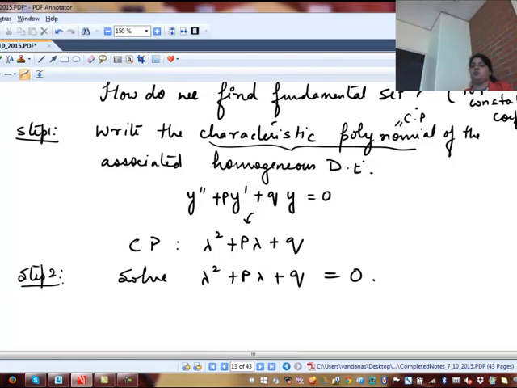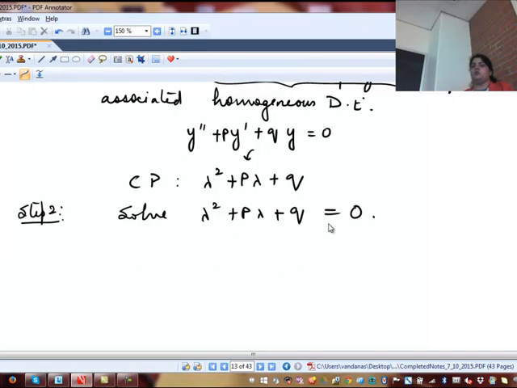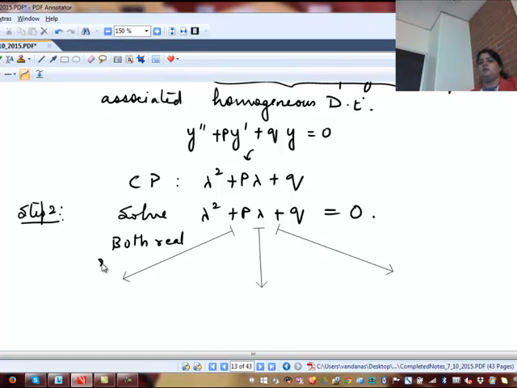Okay, what are the possibilities of roots for this polynomial? Second degree equation, what are the possibilities of roots? Both real and distinct. Both real and equal. What next?